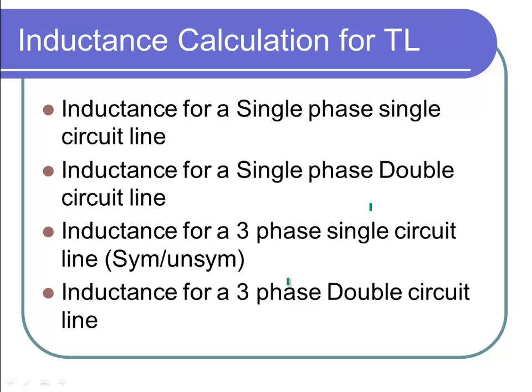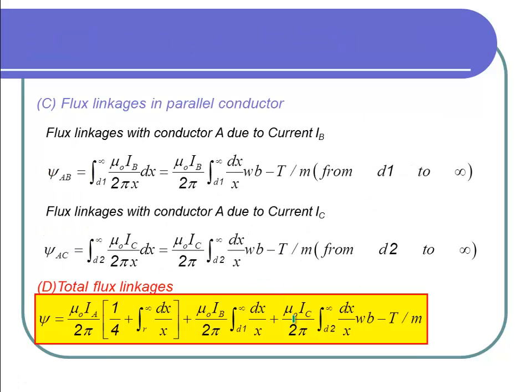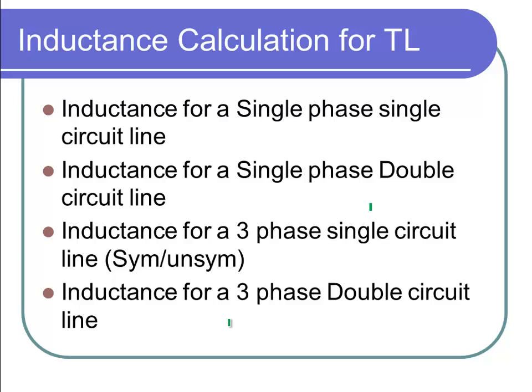I want to show that one, because if you see the equation here, all the equations depend upon the distance among the conductors. So definitely that plays an important role for the magnitude of inductance formation in the transmission network. In the same way, finally we have to calculate the inductance for three-phase double circuit also.